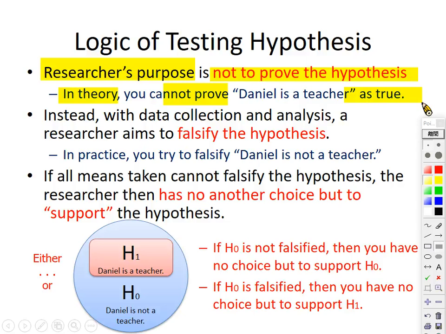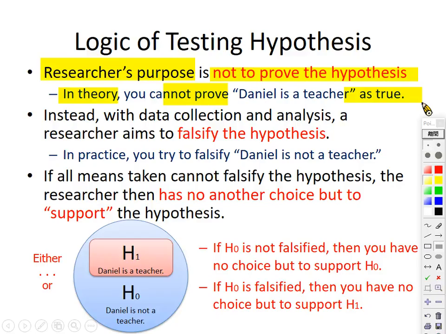Even though you have finished an infinite number of tests, there are still other infinite tests waiting for you to do. So it's impossible for you to have a test to prove something is true. Okay? So remember, we cannot prove something is true.